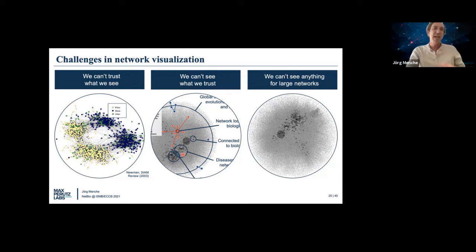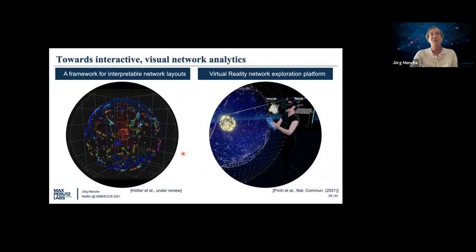Now, we would like to propose a solution to these challenges, and that has two components. The first one on the left side is that we're trying to develop frameworks for really having interpretable network layouts. So these would be layouts where you know what a node position means, and also where you can position nodes to reflect any network characteristics that you want, so that you have an immediate connection between the positioning of nodes and their interpretation.